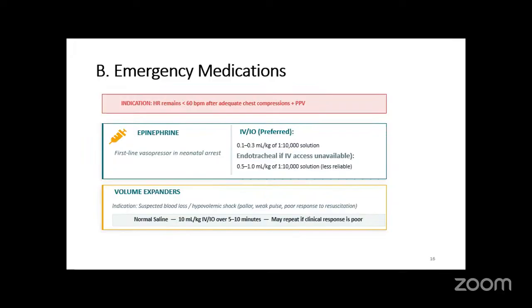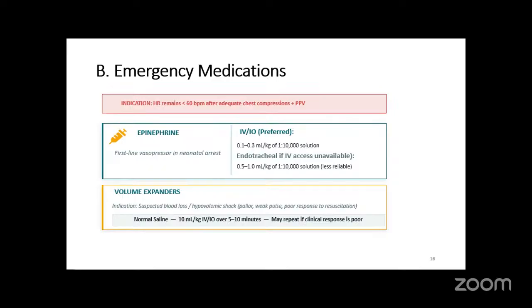Now we come to our emergency medication, and the indication is still the same: a heart rate less than 60 beats per minute after adequate chest compression and positive pressure ventilation administered to the neonate. The main emergency drug here is ephedrine, and it's a first-line vasopressor in neonatal arrest.